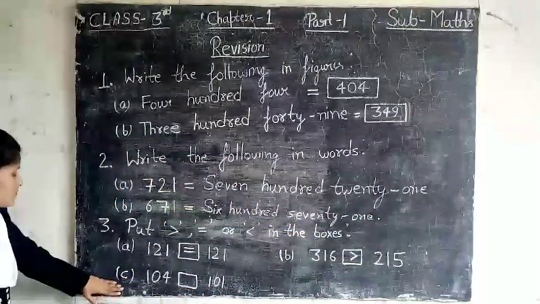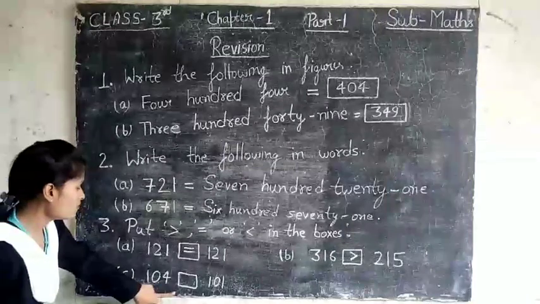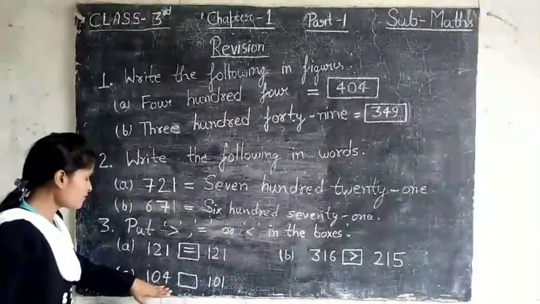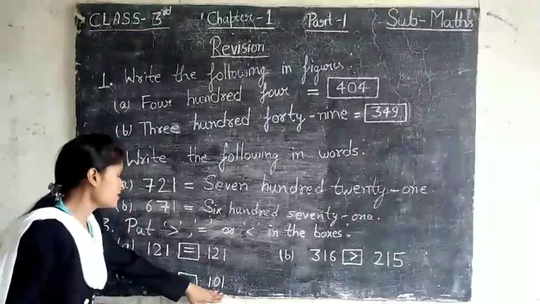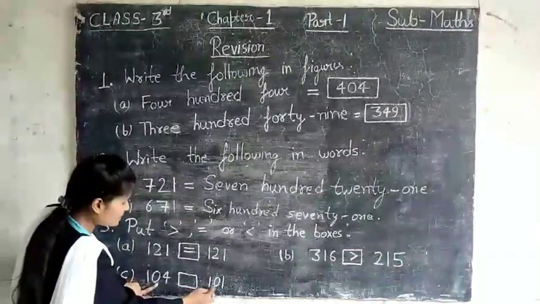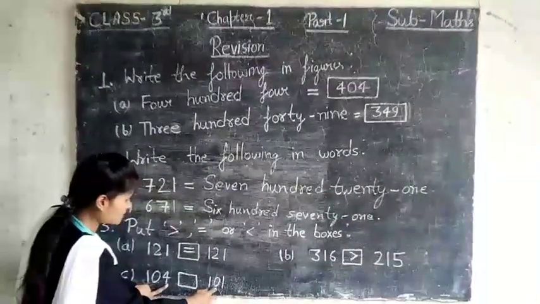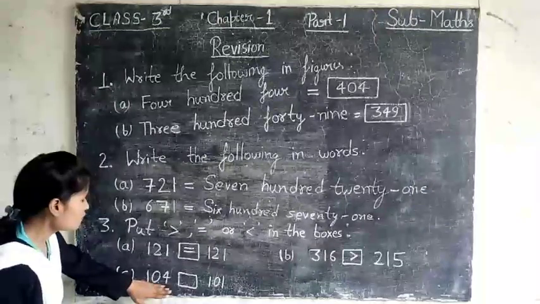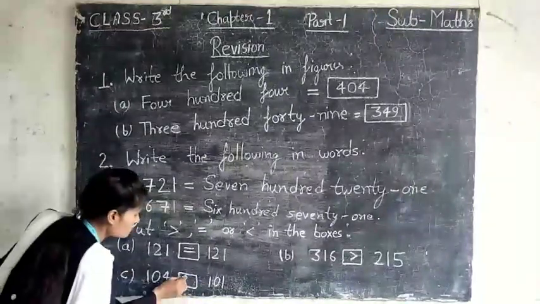Now next is C, 104 box 101. Here 1 is equal to 1 and next 0 equals 0. Next 4 is greater than 1. So 104 is greater than 101.